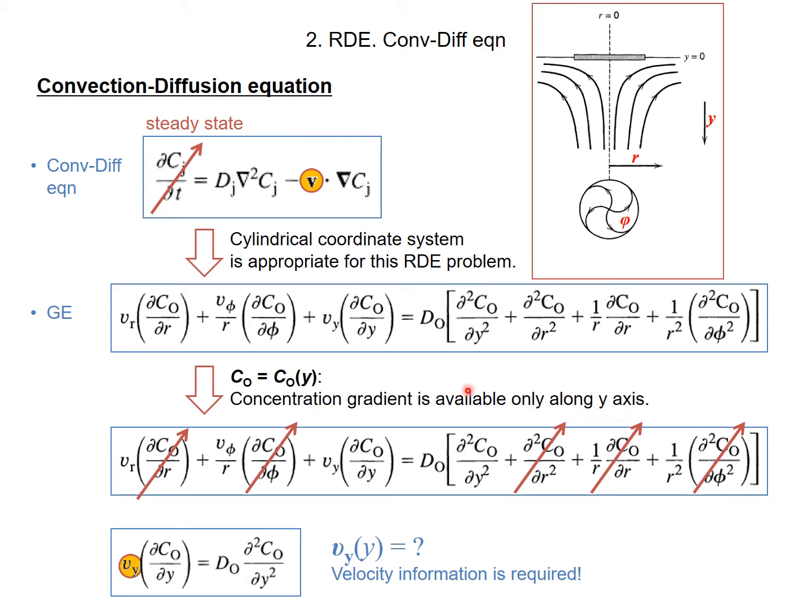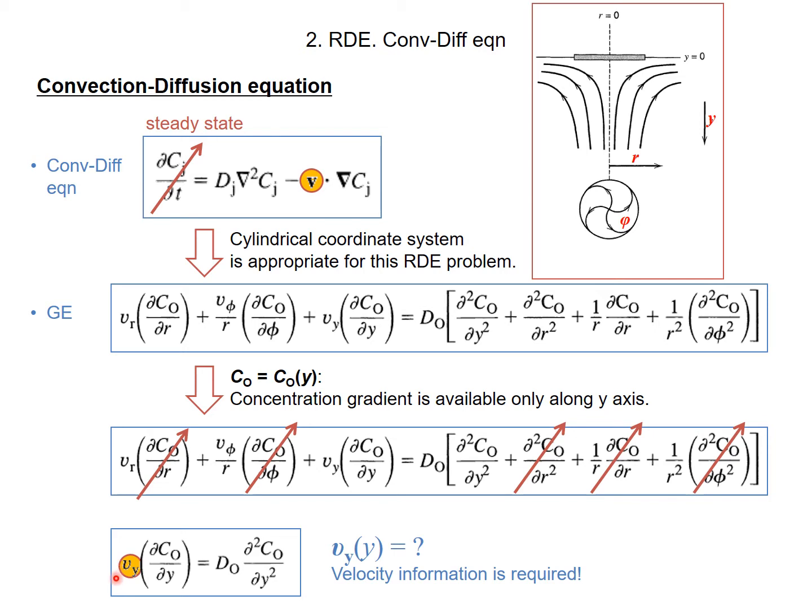So we can eliminate the d/dr terms and the d/dphi terms. The second derivative has the same elimination, the r term and the phi, the angle term. So the whole equation is very simplified into this equation.